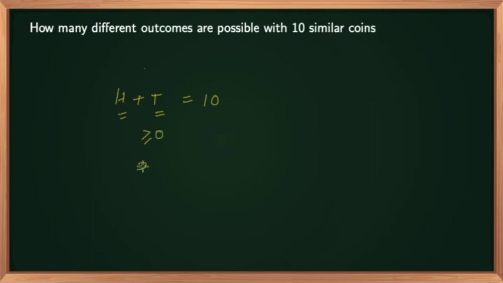Hence, this is a problem similar to our h1 plus h2 equal to 10. So you have n is equal to 10, r is equal to 2. So n plus r minus 1 c r minus 1 equal to 11 c 1 equal to 11 is the answer.